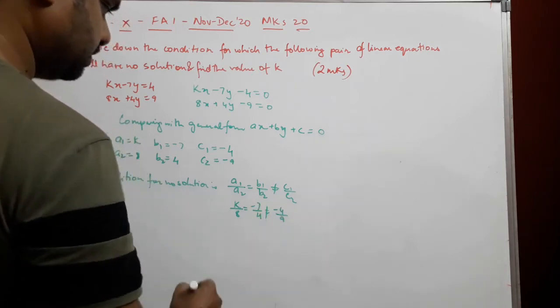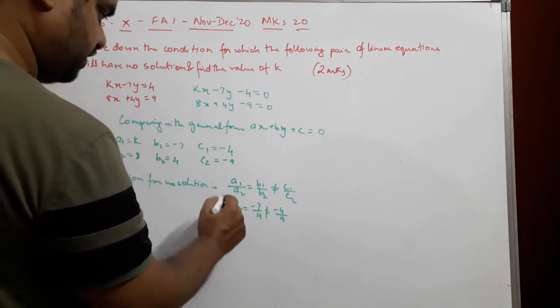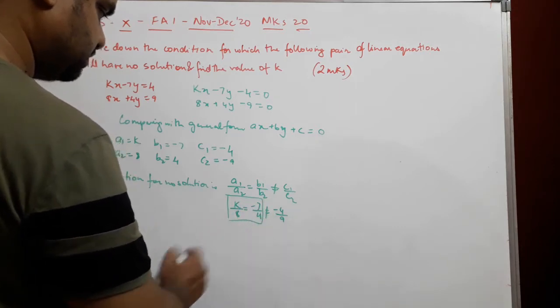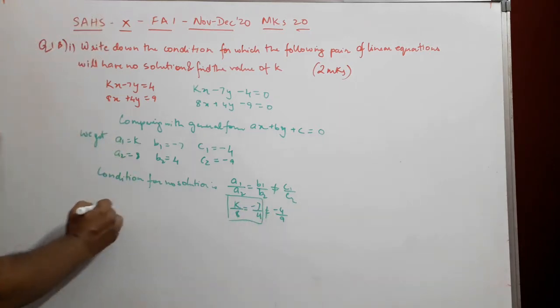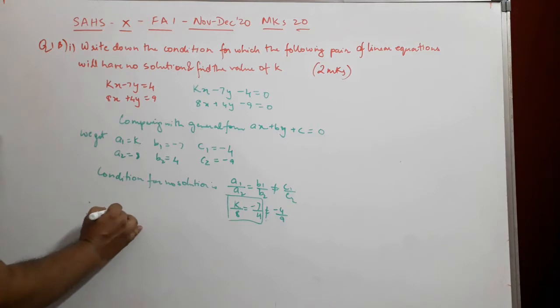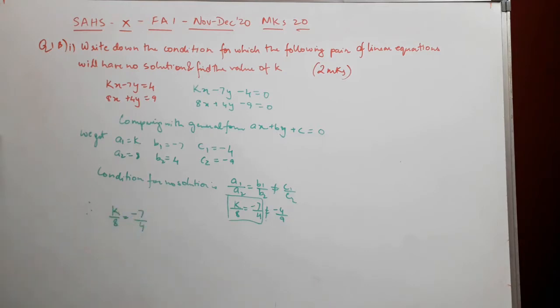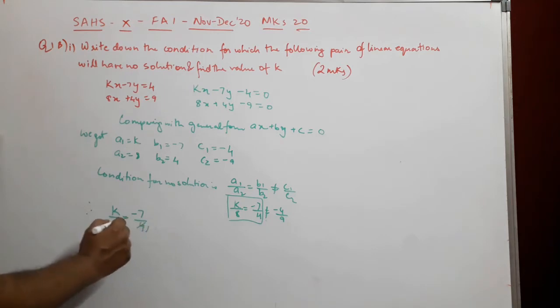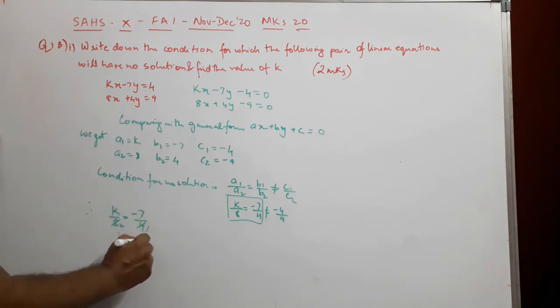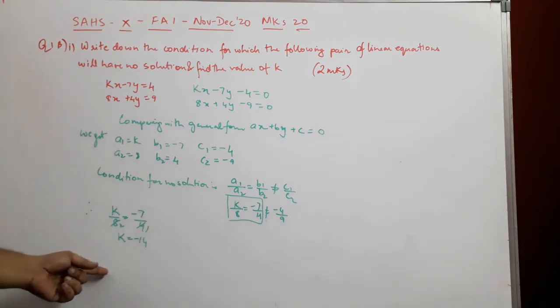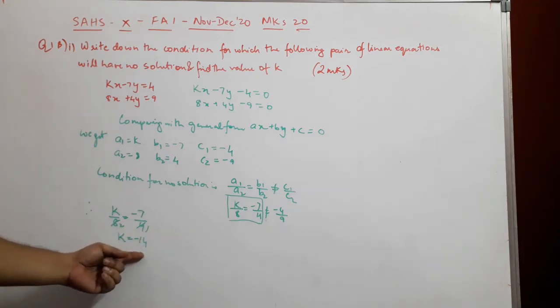So to find the value of k, we'll use this part. Therefore k upon 8 is equal to minus 7 upon 4. 4 2s are 8, 2 will multiply with 7, we get k equal to minus 14. So this is the value that we get, k equal to minus 14.